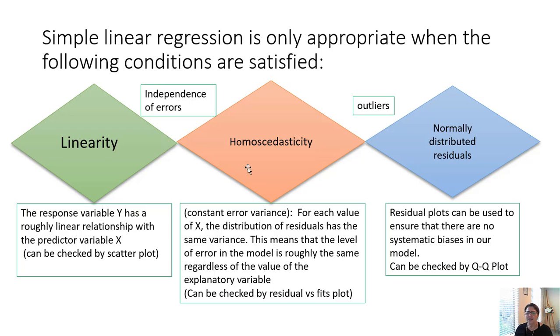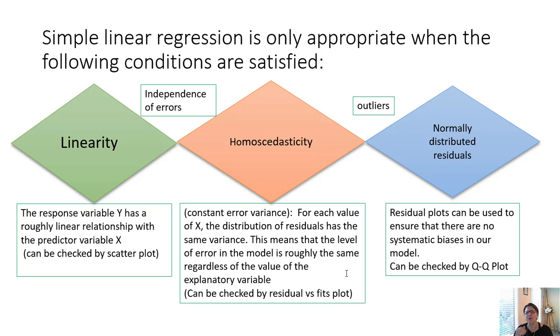That means for each value of x, the distribution of residuals has the same variance. This means that the level of error in the model is roughly the same regardless of the value of the explanatory variable. The homoscedasticity assumption can be checked by the residual versus fit plot.